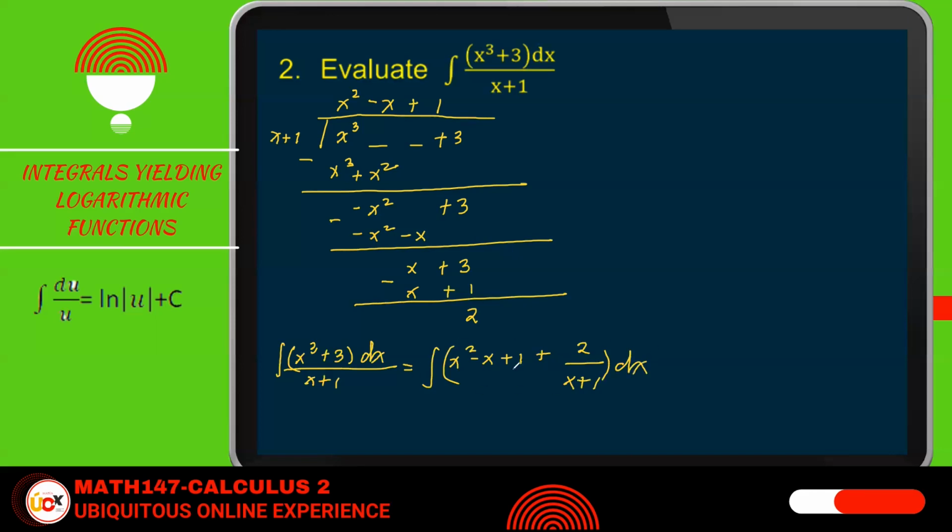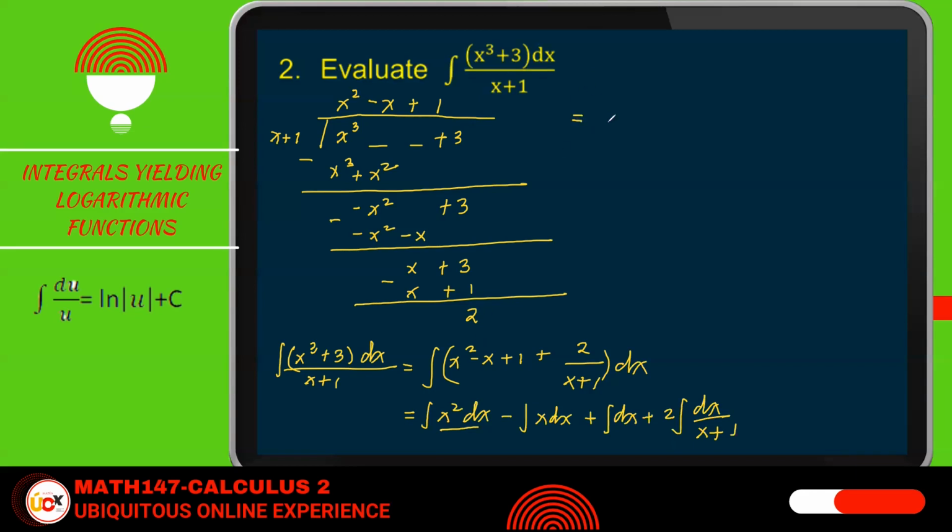Then we break this into 4 integrals. You have the integral of x squared dx minus the integral of x dx plus the integral of dx. Plus, we factor out 2, so you have 2 times the integral of dx over x plus 1. We recall that x squared dx is of the form x to the n dx, so we can apply the power formula.